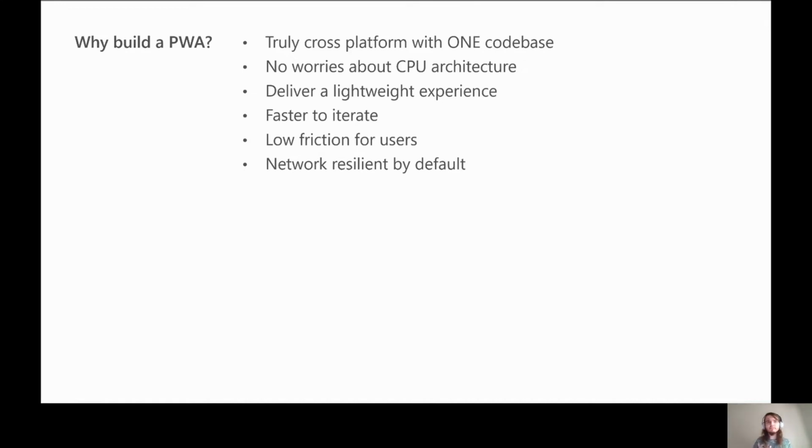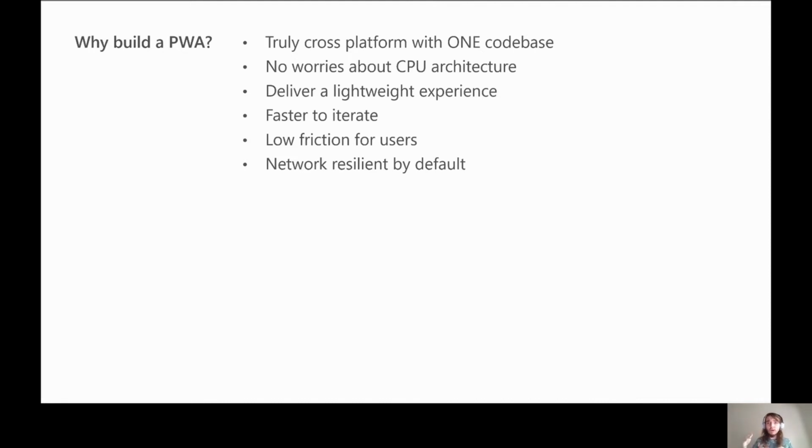It's also faster to iterate. Because you're shipping a website, it's much faster to iterate, ship updates, etc. You're just deploying to your website like you always would, right? So there's no limit on how many times you can deploy to your website. It makes the update cycle much more transparent and a lot easier to deal with. Low friction for users.